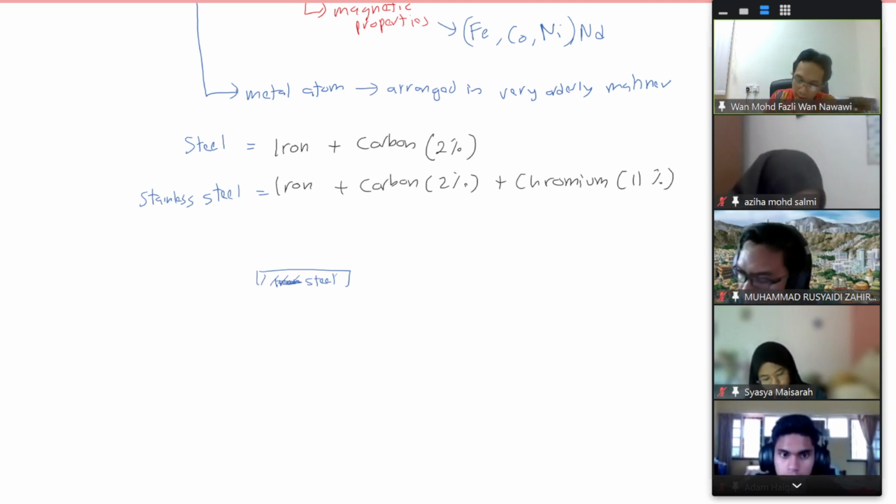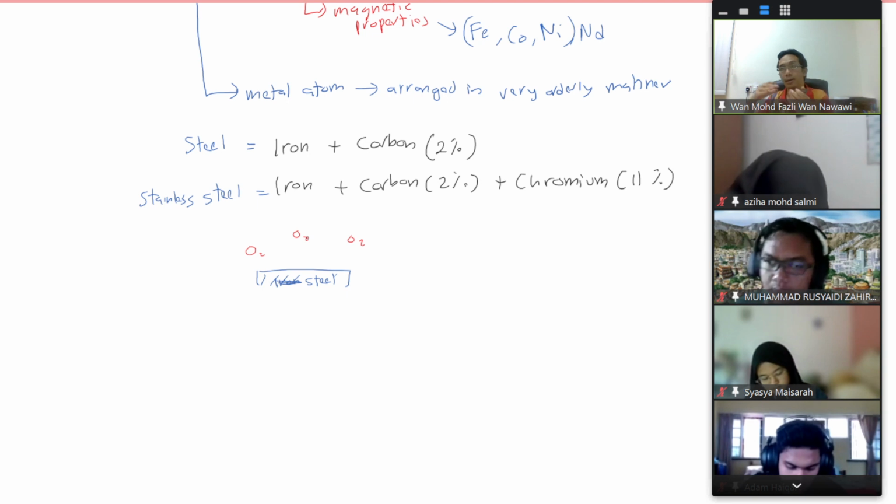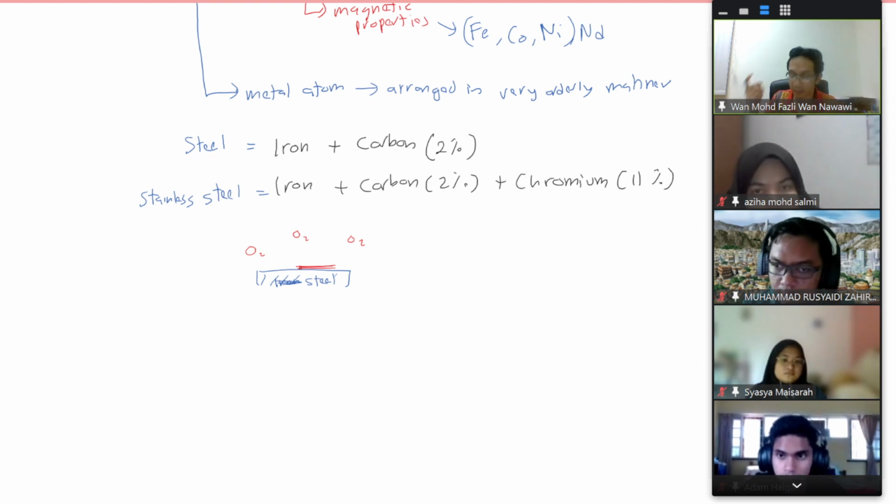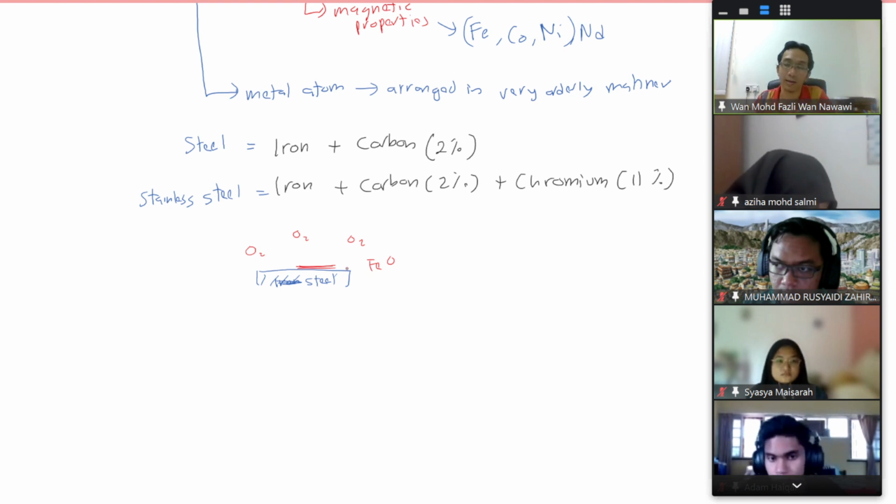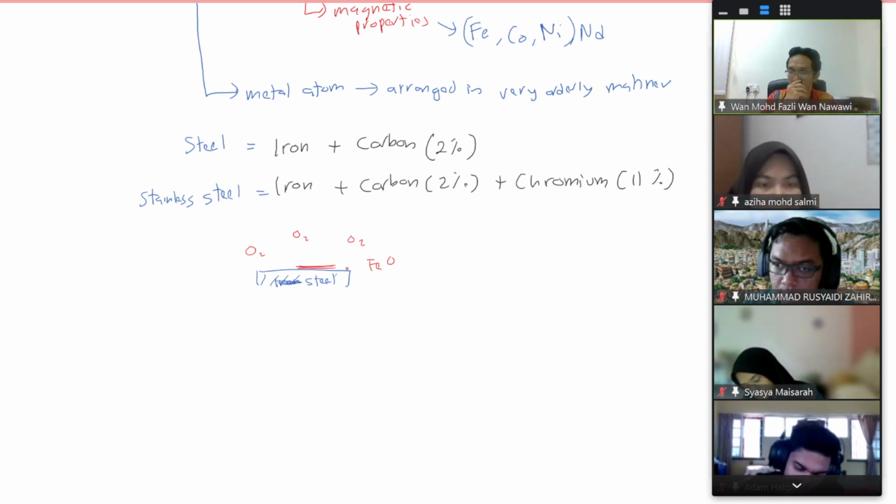When the iron meets oxygen, the air, the atmosphere, the iron will be oxidized. When iron is oxidized, it creates what we call iron oxide. The color of iron oxide is rusty, reddish like that.